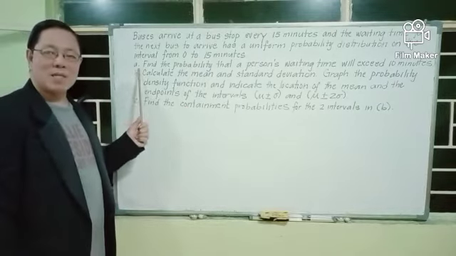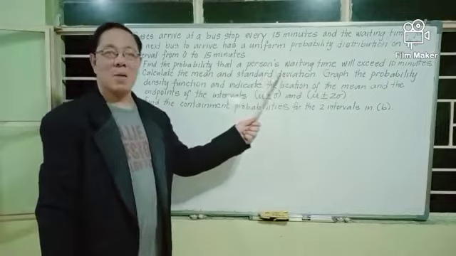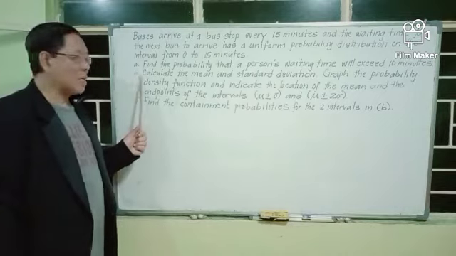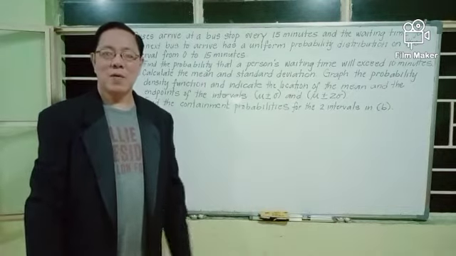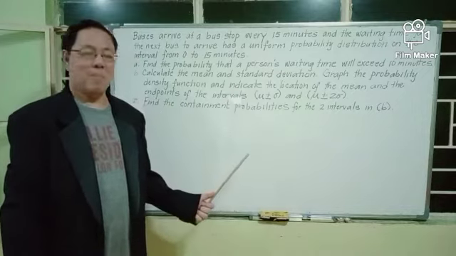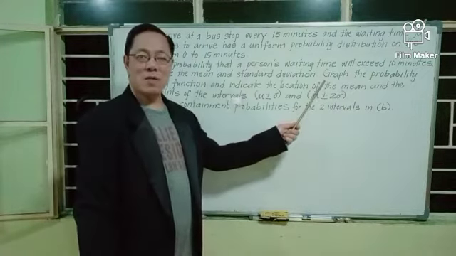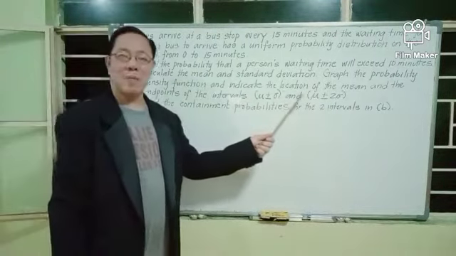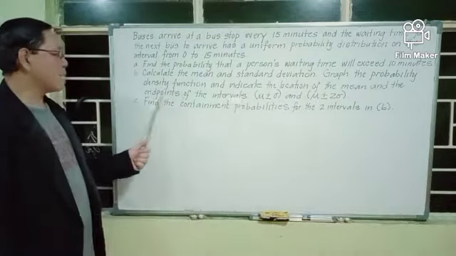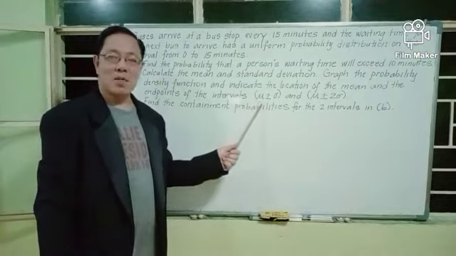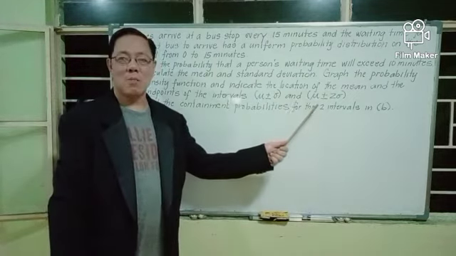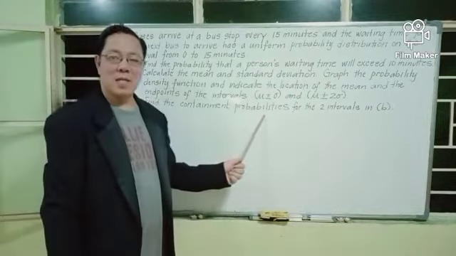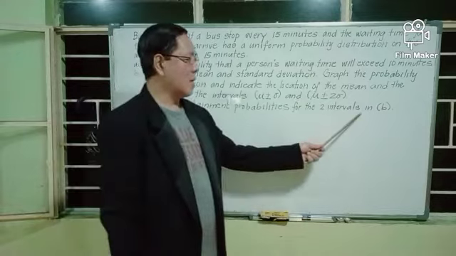Letter A, find the probability that a person's waiting time will exceed 10 minutes. Letter B, calculate the mean and standard deviation for the continuous random variable for this example. And also for letter B, graph the probability density function and indicate the location of the mean and the endpoints of the intervals mu plus or minus sigma and mu plus or minus 2 sigma. And letter C, find the containment probabilities for the two intervals in letter B.